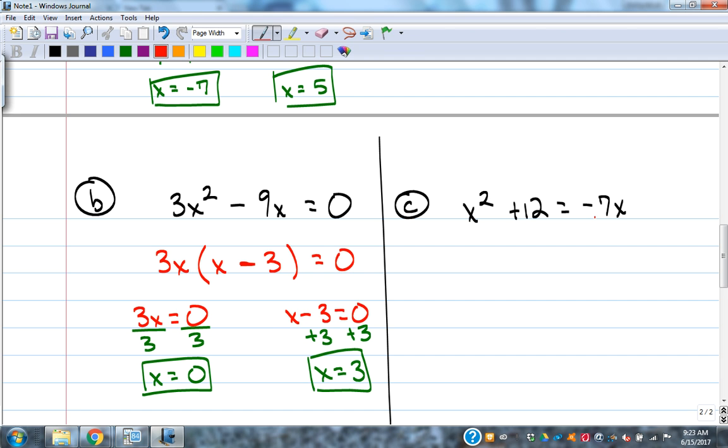Yeah, that minus 7x. And how do I move it over to the other side? Good. I'm going to add it to both sides. It cancels out over there. There's my 0 that I needed. And now I just got to put it in the middle of the left side.